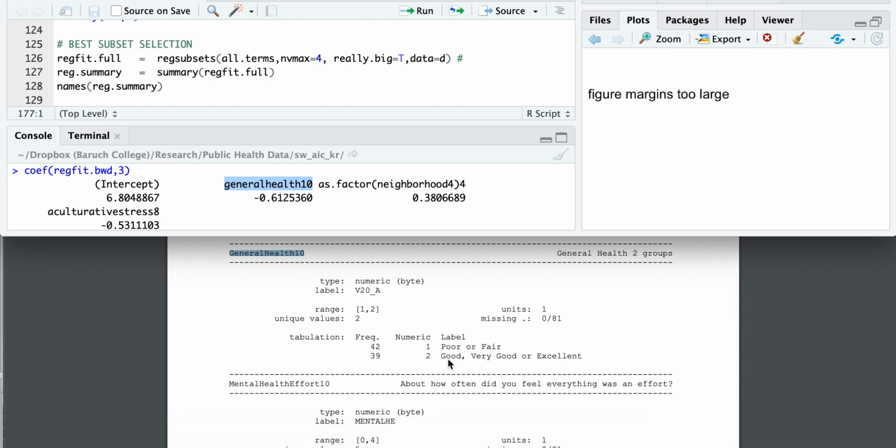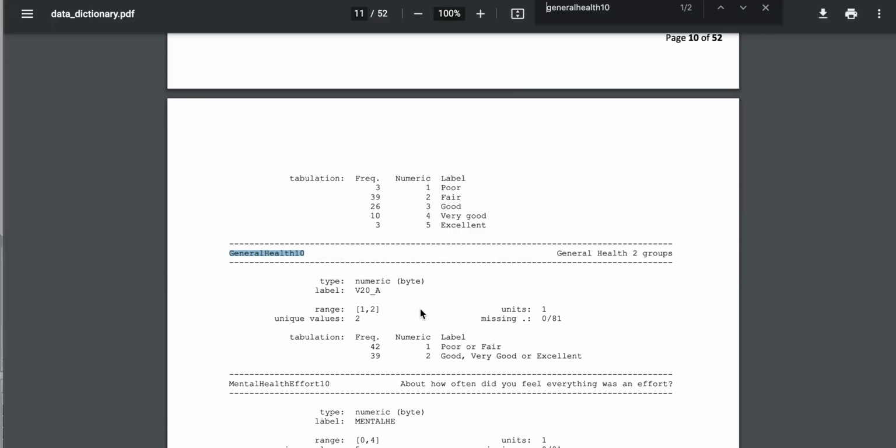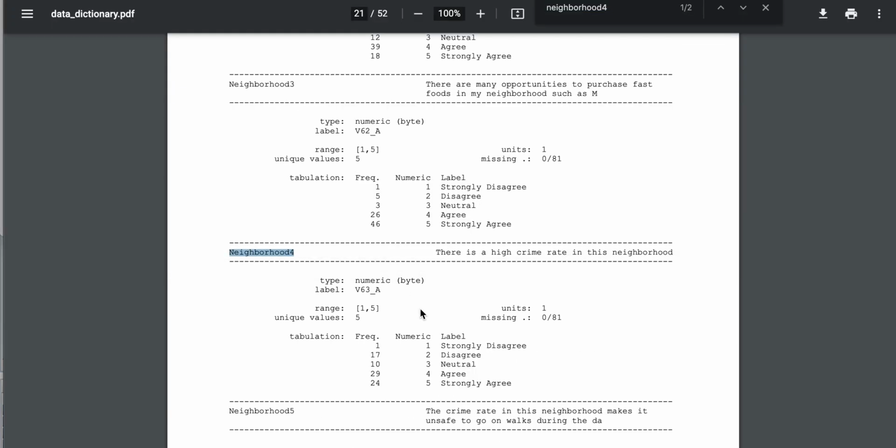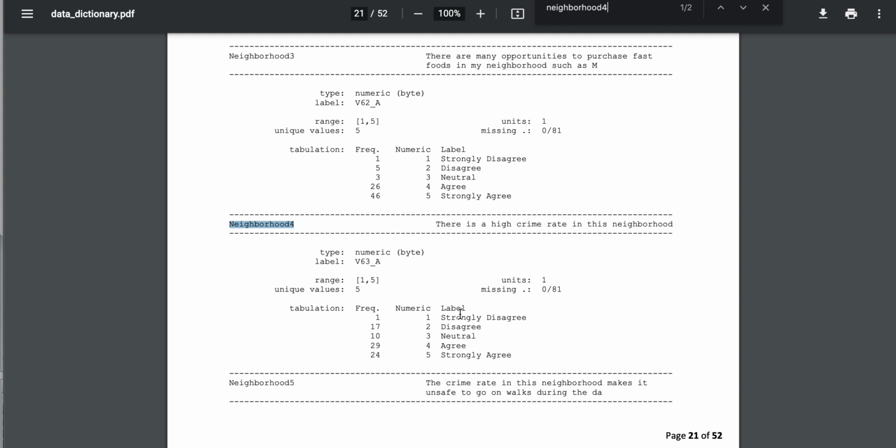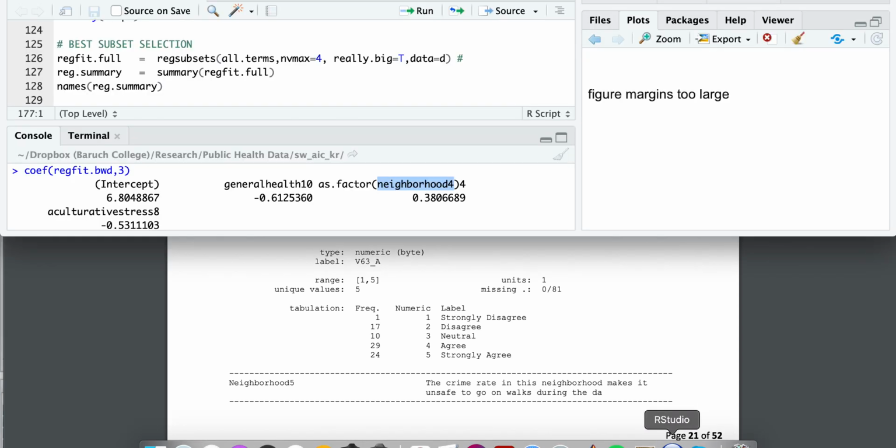It's negative, so if you're good, blood sugar is less. What is neighborhood 4? There's a high crime rate in this neighborhood, and it's treated as a categorical.